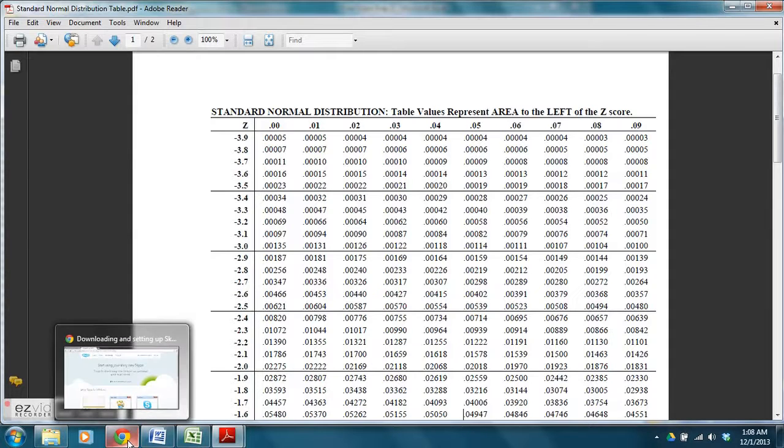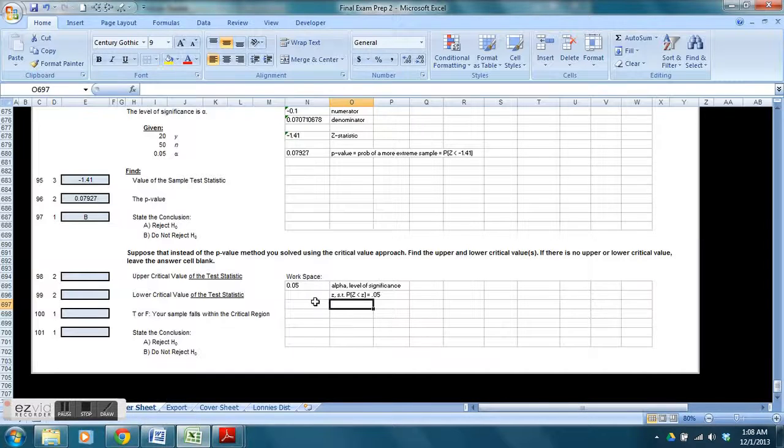Negative 1.645. And that is our lower critical value. This is only a left tail test, a lower tail test. There's no upper critical value, so we're just going to leave that blank.